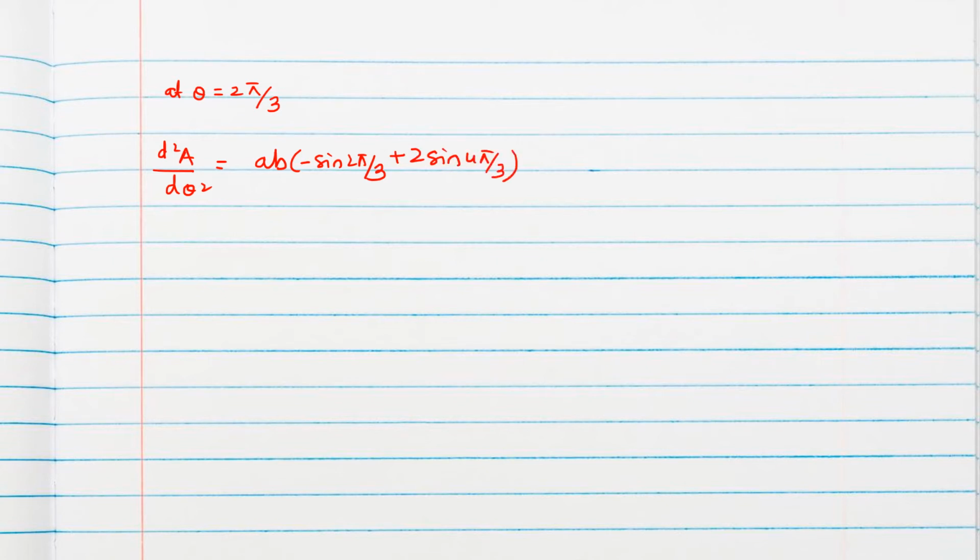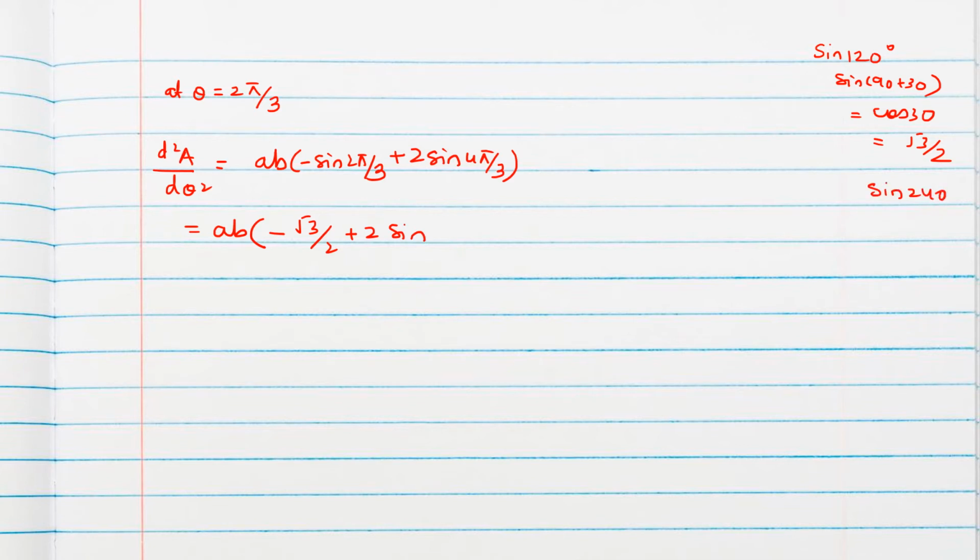So AB minus sine 2 pi by 3. Sine 2 pi by 3 means sine 120. Okay. So we can write sine 90 plus 30, which is cos 30. So cos 30 is root 3 by 2. So root 3 by 2 plus 2 sine 4 pi by 3 means sine 240, isn't it?